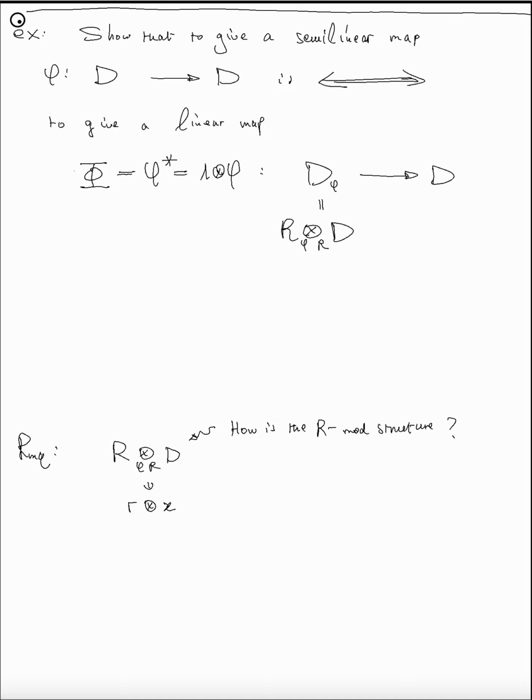So let's say we take whatever lambda in R, I'm going to describe what it is. Our module structure is defined to be, usually you should be able to define it either on the first component or on the second component.